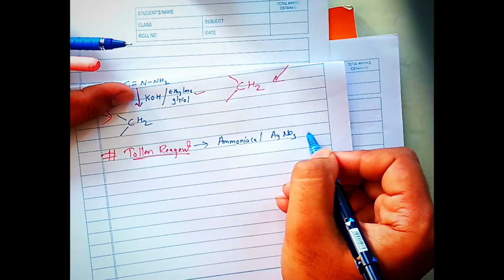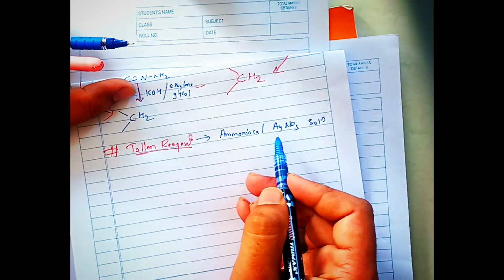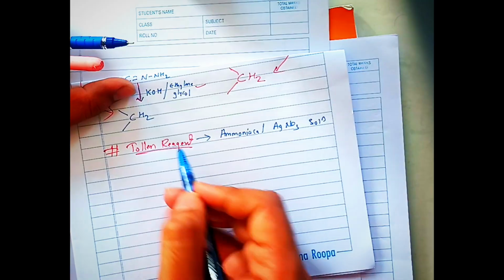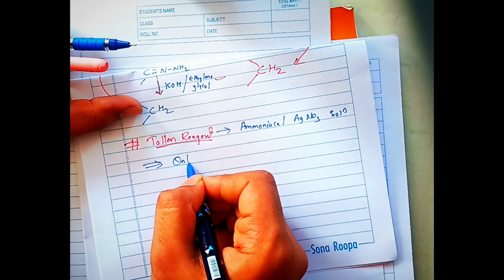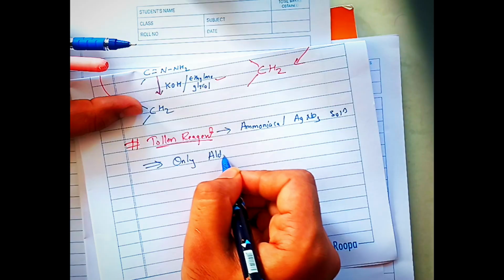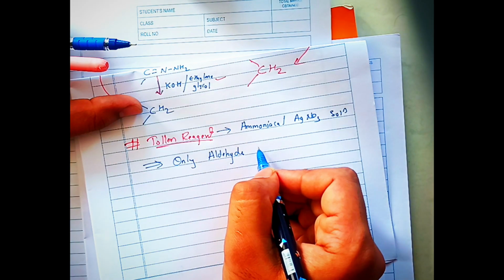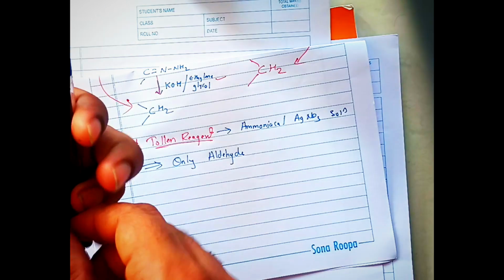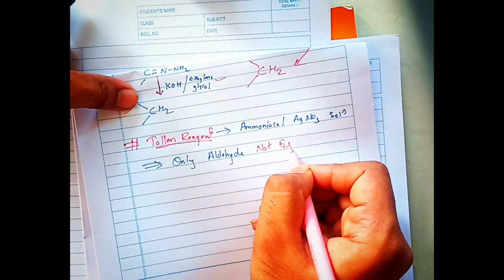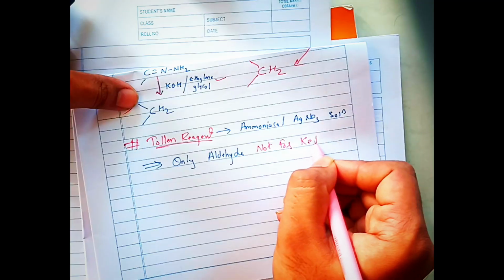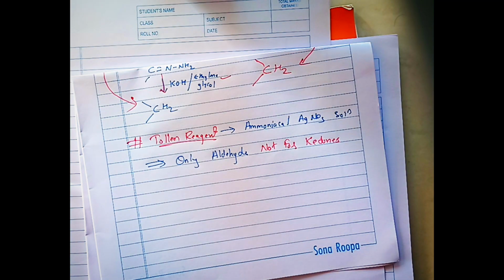In MCQs and fill in the blanks, this question will be asked. Ammoniacal AgNO3 solution is called Tollens reagent, and this is only for aldehydes, not for ketones.